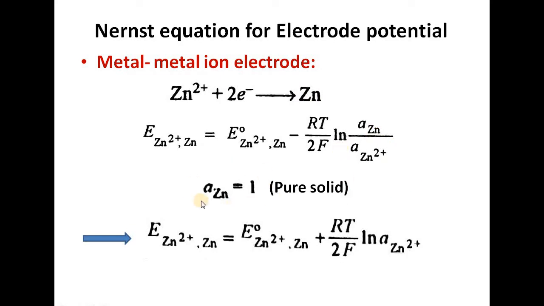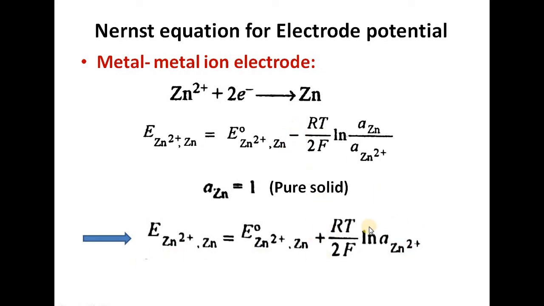Now the activity of zinc is taken as 1 for a pure solid. So we get the final expression: the electrode potential of this zinc electrode will be equal to the standard electrode potential plus RT by 2F log natural activity of zinc 2 positive. As the activity of zinc 2 positive is now in the numerator, the negative sign is converted to positive.